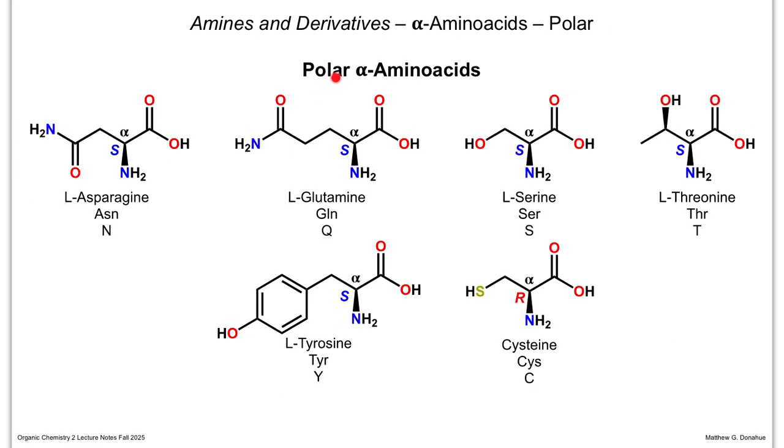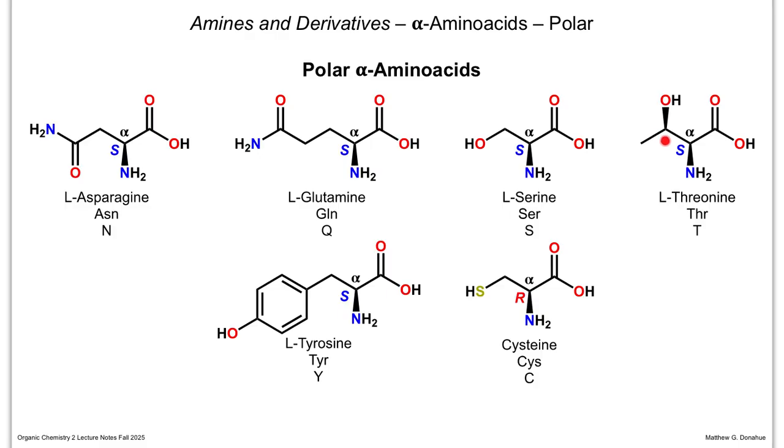The polar amino acids have some other functionality. So asparagine has an amide over here. Glutamine is another amide, but there's a longer linker from the alpha carbon. Serine has an alcohol, a primary alcohol.